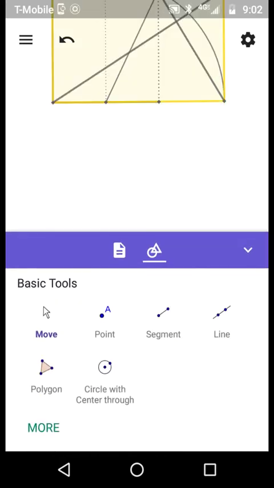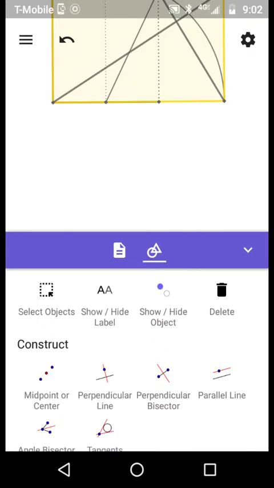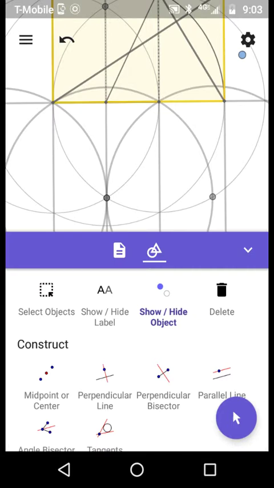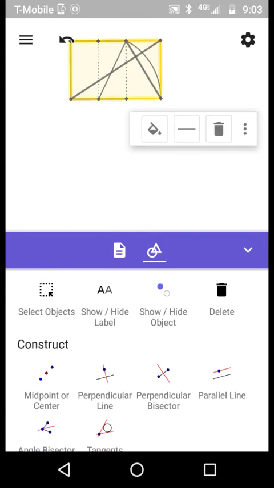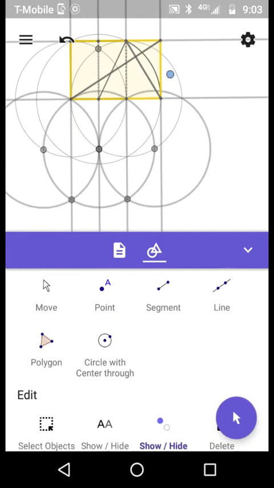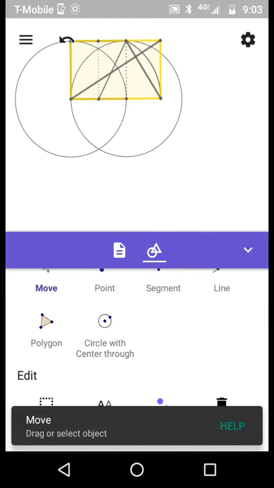Instead of describing it, let me just show it to you. So I'm talking about this circle and this circle. So I drew a square above them.